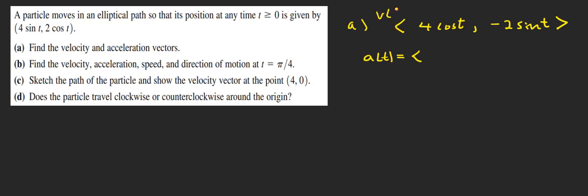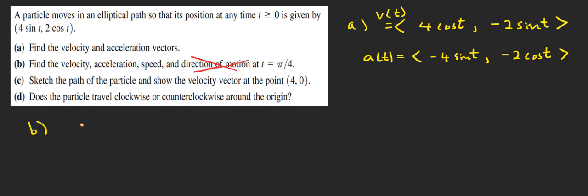The acceleration vector will be the derivative of this, which is going to be negative 4 sine of t, comma, negative 2 cosine of t. So here's a velocity vector and an acceleration vector.